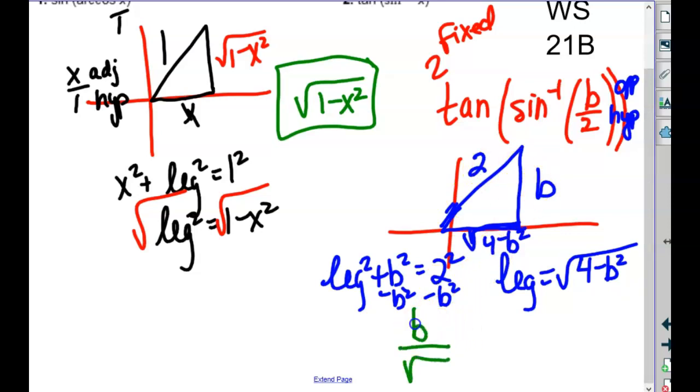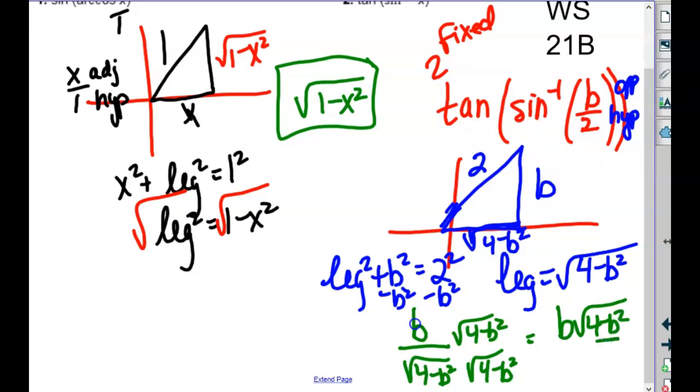So I'd have b over this, which if I multiplied by this, I would end up with b square root of 4 minus b squared all over 4 minus b squared, which still doesn't simplify. Way to make a disgusting one. It quite likely asks for like cosine or something on the quiz, not tangent with a disgusting one like that. But questions?